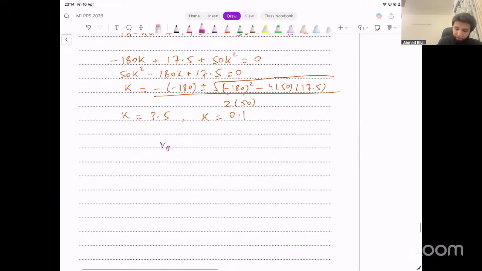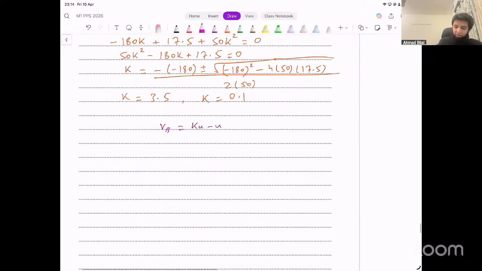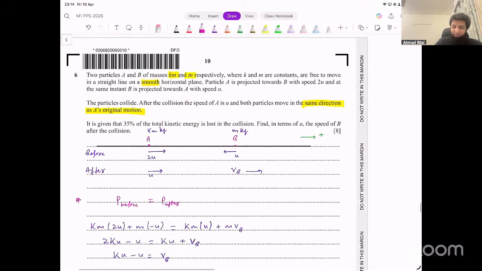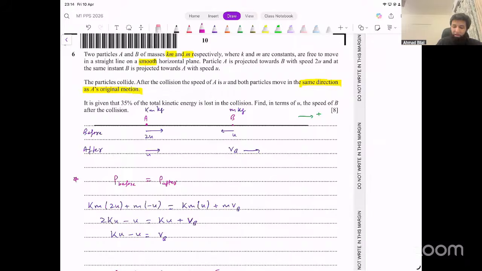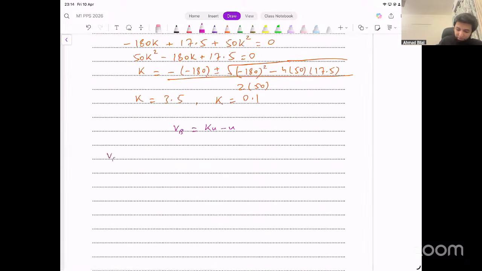There are two possible values of K, but remember VB was Ku minus U. You can input both of them because there's nothing given in the question that tells us whether K is positive or negative. However, if you input those values of K now, if you input 3.5, you get 3.5U minus U, and that gives you 2.5U. If you input 0.1, that gives you 0.1U minus U.